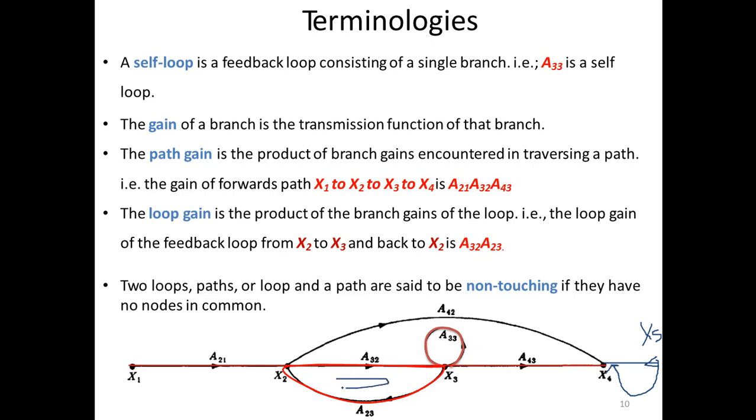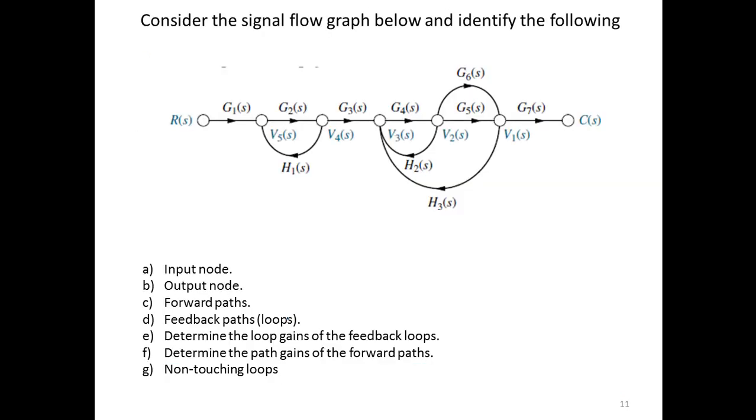Let's say this is loop 1 and this is loop 2. Now these two loops are non-touching loops. So this is the phenomenon. You do not have to have some kind of intermediate or common nodes. If you have uncommon nodes, you can have these non-touching paths.